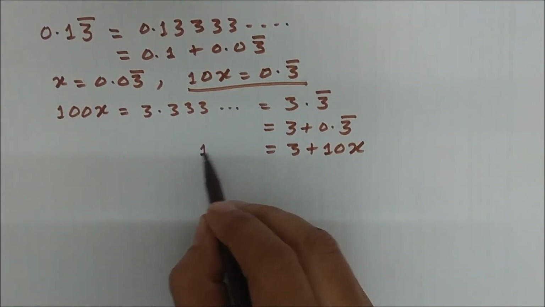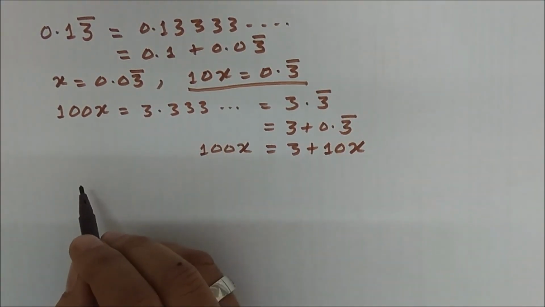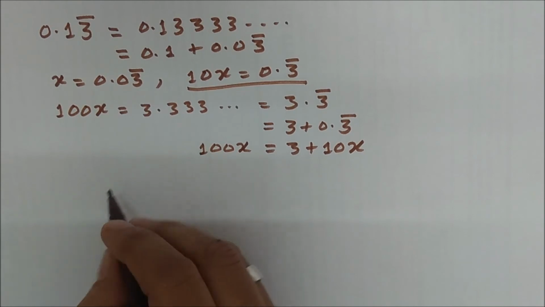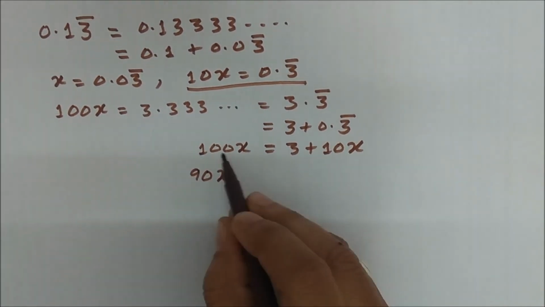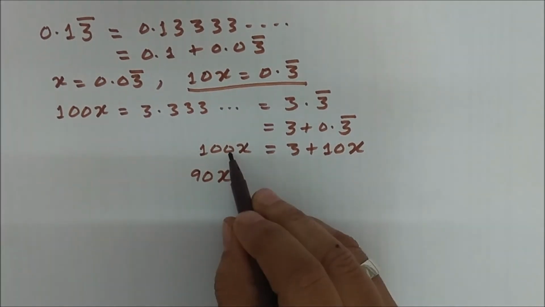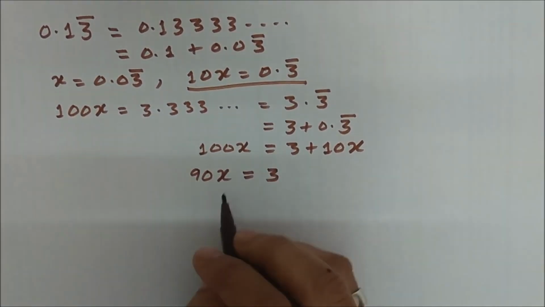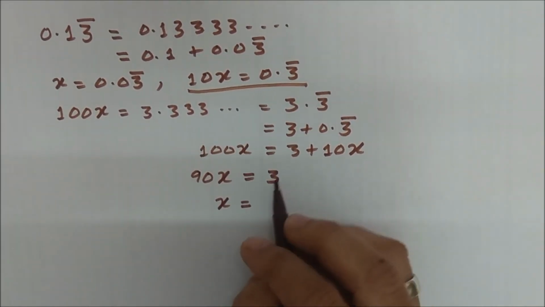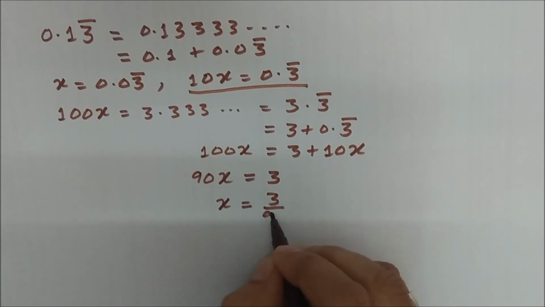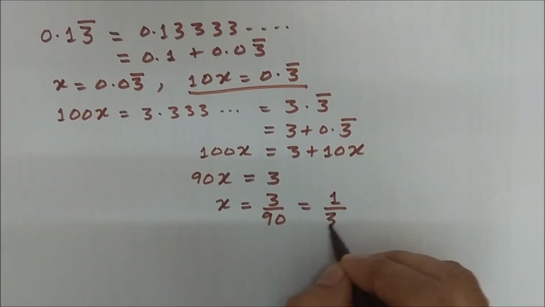This is the value of 100x, and now we simplify it. 10x is subtracted from 100x, so 90x is equal to 3, or x is equal to 3 by 90, or 1 by 30.